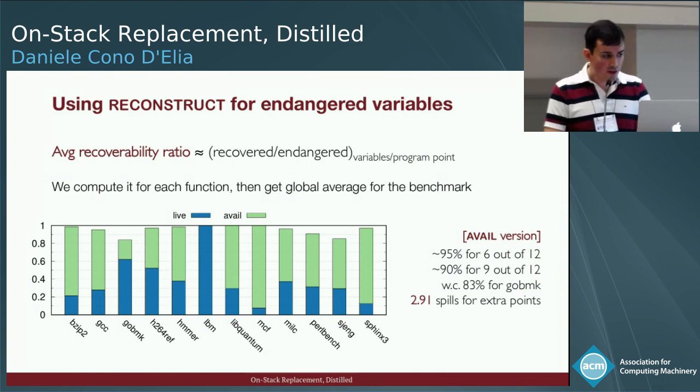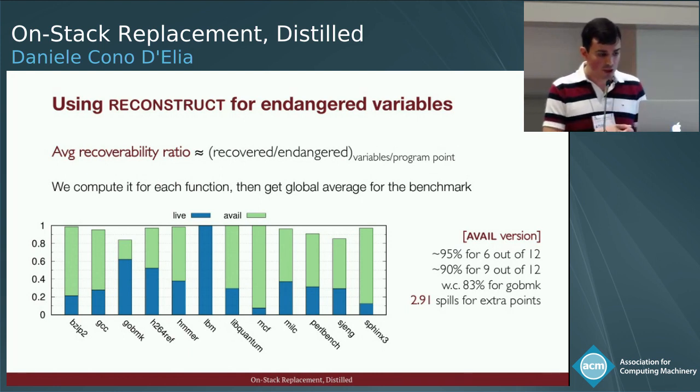And we try to see how good Reconstruct is at providing expected behavior for these variable values. We compute a recoverability ratio that attempts to measure how many endangered variables you can recover for each program point in each function, and then we compute an average for the entire benchmark.